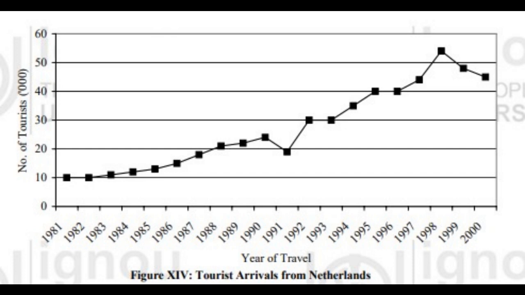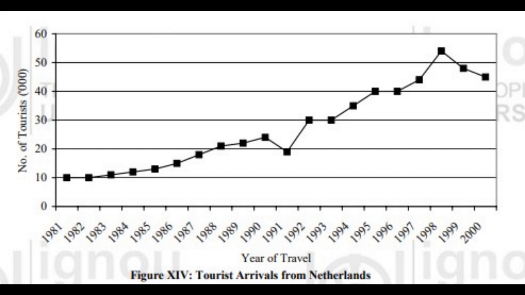The maximum number of Netherlands tourists came to India during January to March 2000, constituting 32.2%, followed by the period October to December 2000 with 26.8%. 90.0% of the Netherlands nationals visited India for holidays and sightseeing, and about 9.0% came for business.